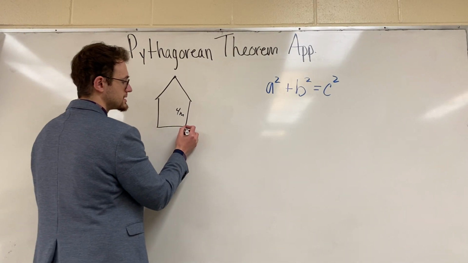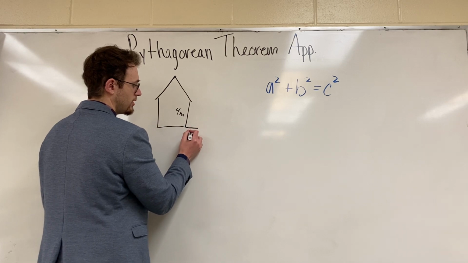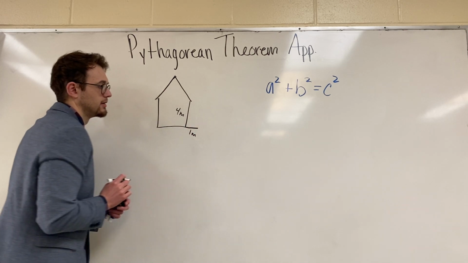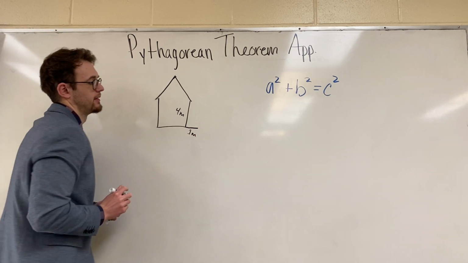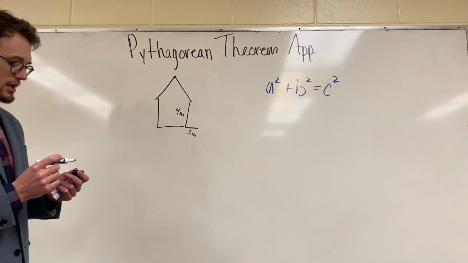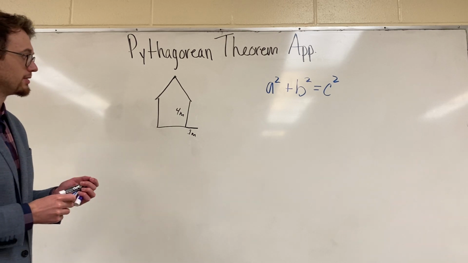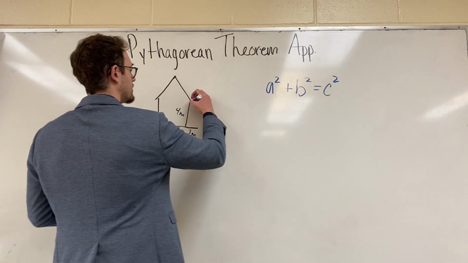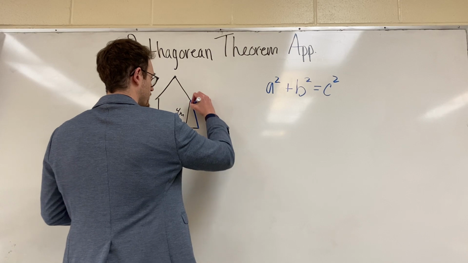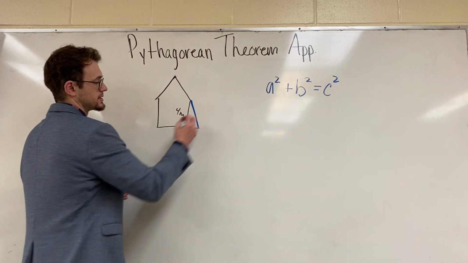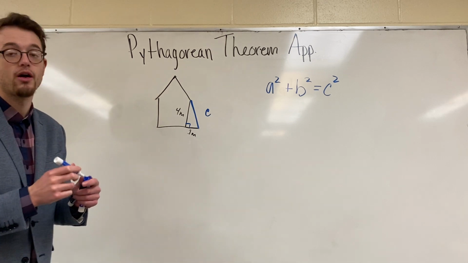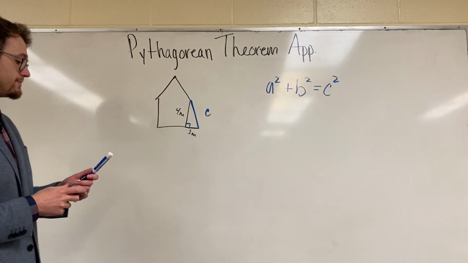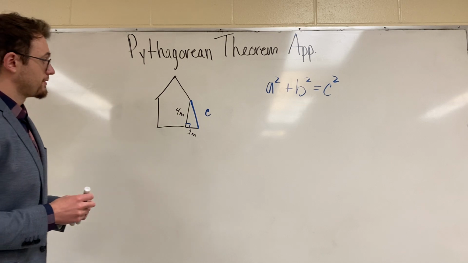And you set your ladder 1 meter away from the house. So this time we're going to be solving for the hypotenuse, which we don't know. So we need to solve for C, because that, again, hopefully not Leaning Tower of Pizza. Your house needs to be up straight. So we're going to solve for that.